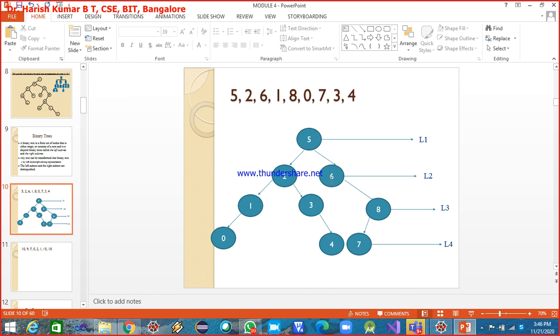Again I compare 8 with 6. Since 8 is greater than 6, it is inserted towards the right subtree of 6. The same process is done recursively until all the items of the given input are completed. This is what we understood. Hope people understood till here.